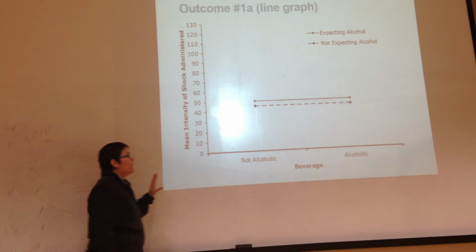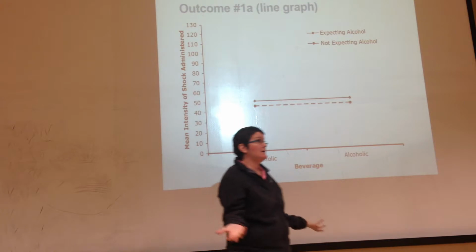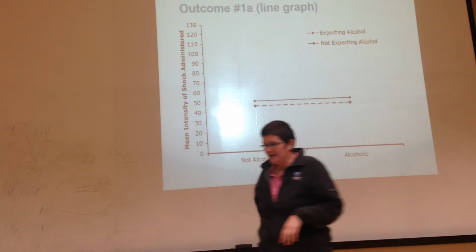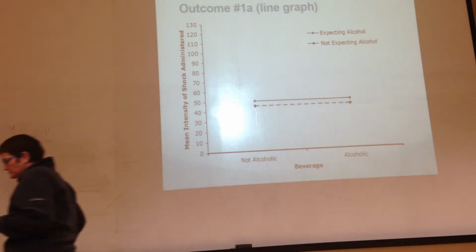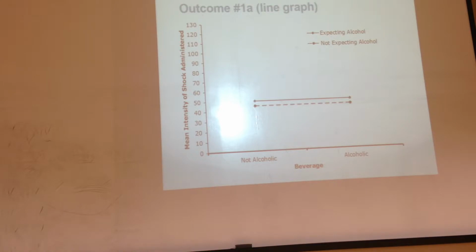So I'm going to present you with an experiment. In this experiment, we've got 1 independent variable that is beverage, and the levels are alcoholic and non-alcoholic. People in this study either got an alcoholic beverage or a non-alcoholic beverage.